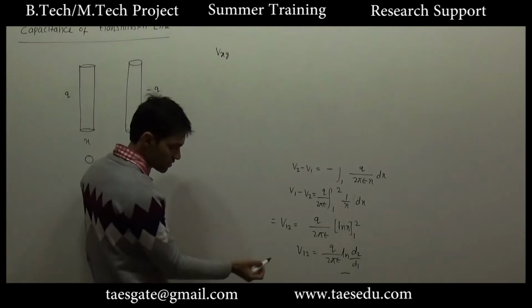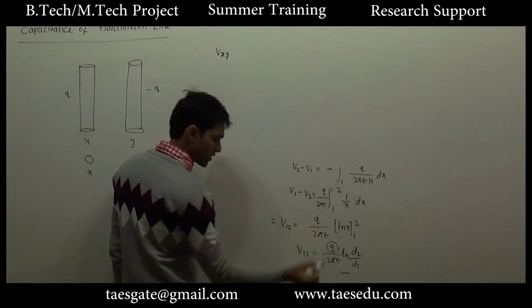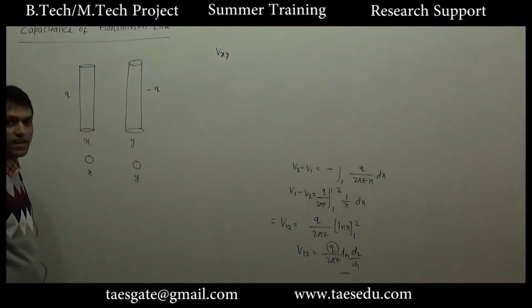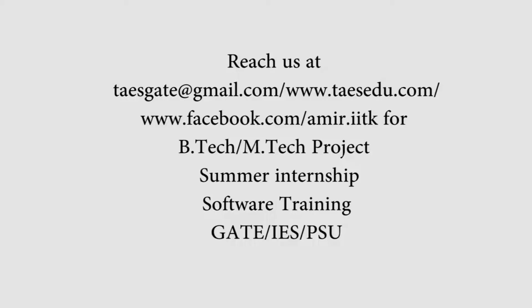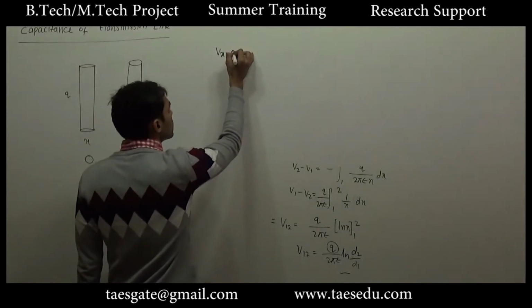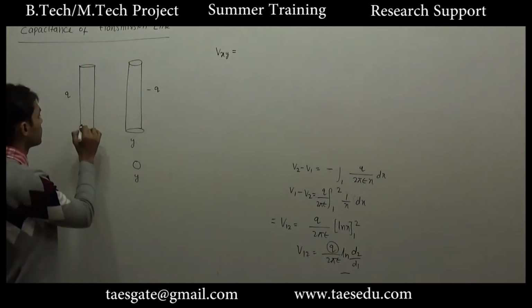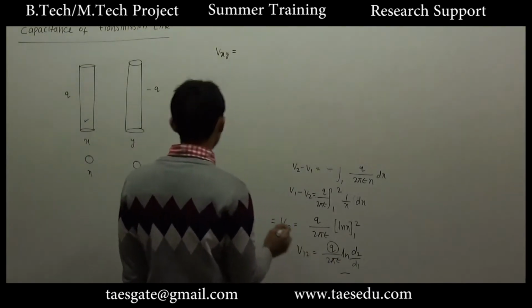This is the voltage difference between 2 points due to a current carrying conductor. Here we have two current carrying conductors, so we will find the voltage difference due to the two conductors separately. Let us first find the voltage difference Vxy due to this first conductor.